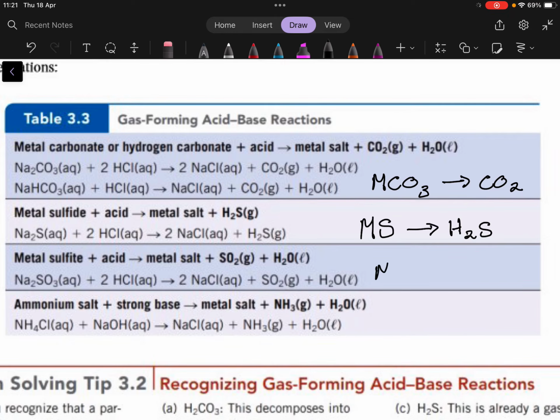If you have a metal with sulfite, then you will form SO2. And then finally, if you have an ammonium salt, so in other words, something that contains NH4+, then if you react that with a base, you can get ammonia.